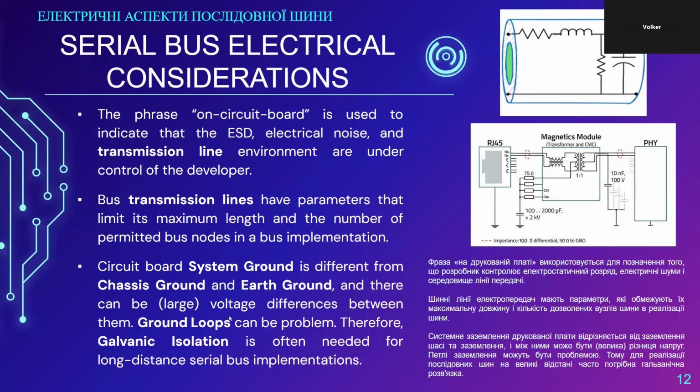What does it mean? For example, you have a 10 megahertz signal. You're using an SPI interface at 10 megahertz. At 10 megahertz, you have a wavelength of 30 meters. A hundredth of that is 30 centimeters.